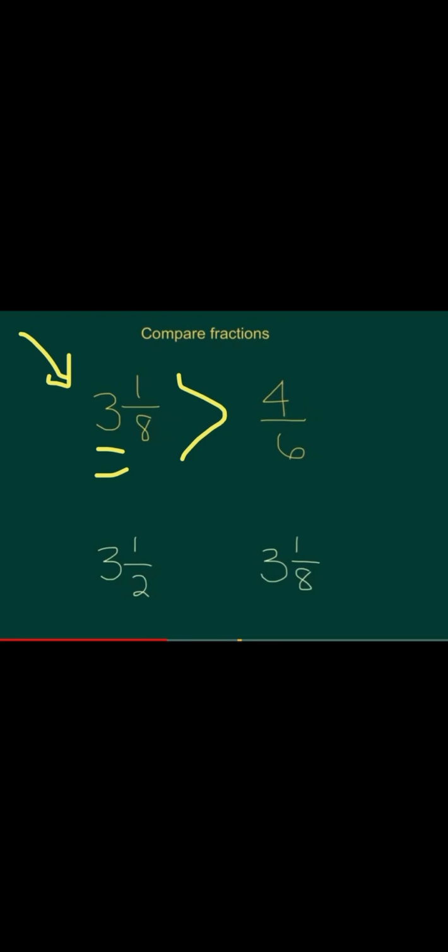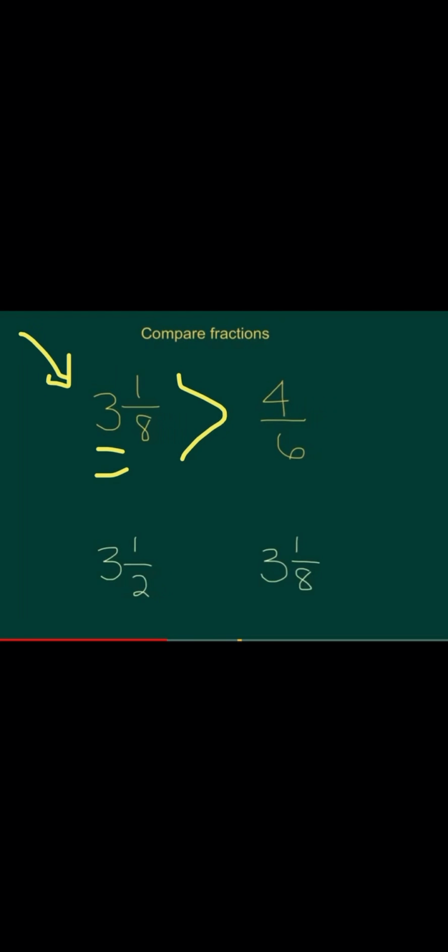Let's see this example, 3 and 1/8 and 4/6. I'm telling you that 3 and 1/8 is greater than 4/6. Why is that? Could you guess that? Let's think, girls. It's only because of one reason. You can see that the 3 and 1/8 has a whole number here, the 3. But the 4/6 doesn't.